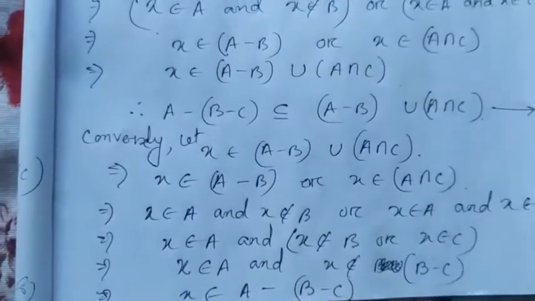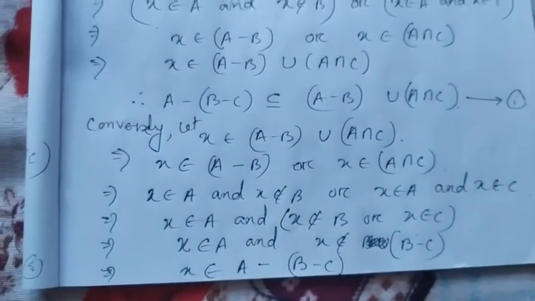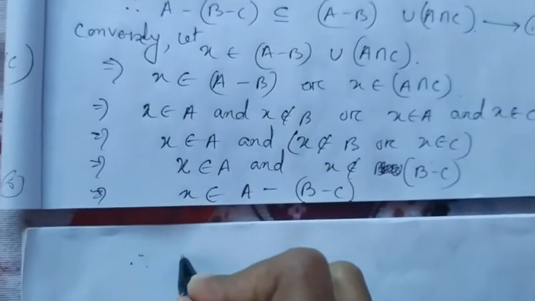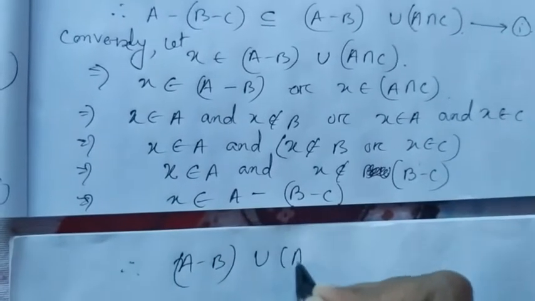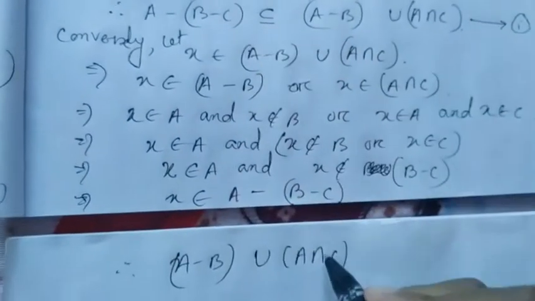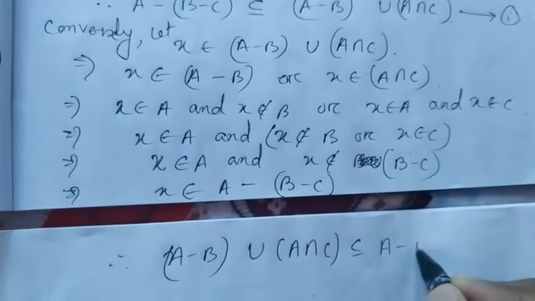So now we will write that therefore (A minus B) union (A intersection C) is a subset of A minus (B minus C).